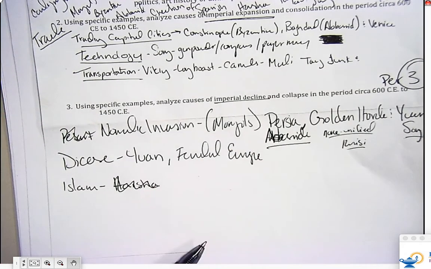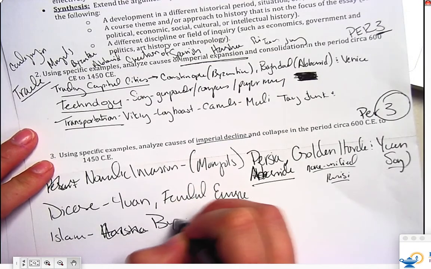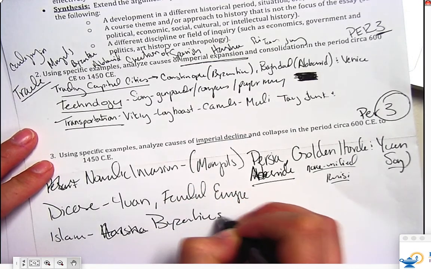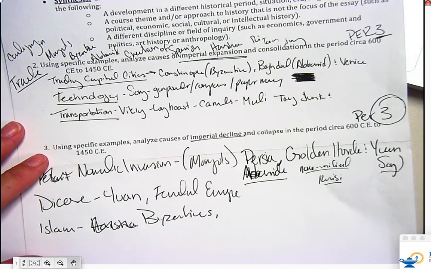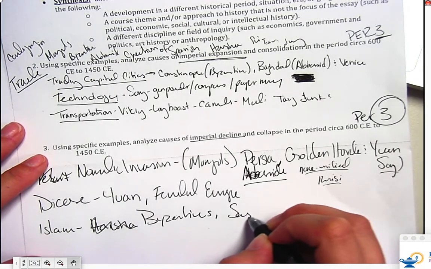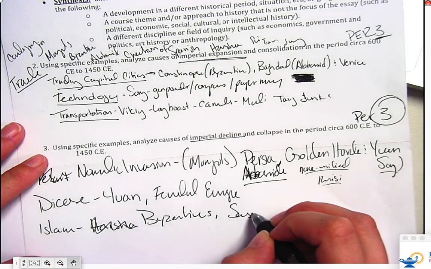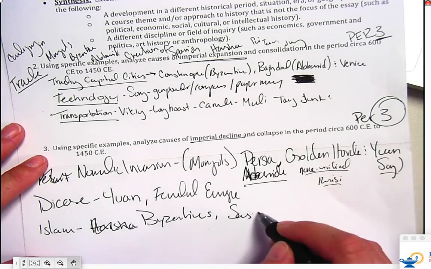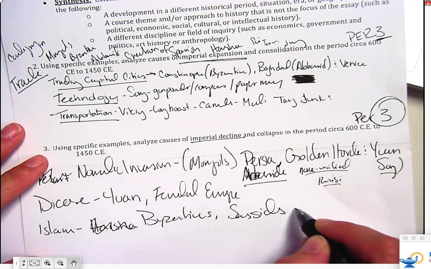Yeah, I don't really know anything specific. Well, definitely the Byzantines. Definitely the Byzantines. What else? I think Sassanids is the one, when Islam first expanded. They were the ones who would eventually collapse because of it.